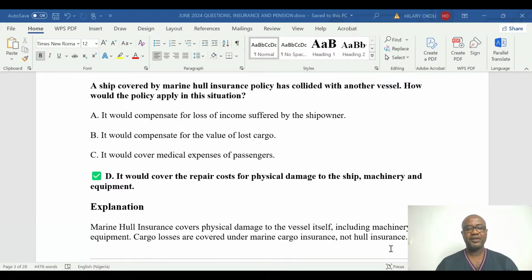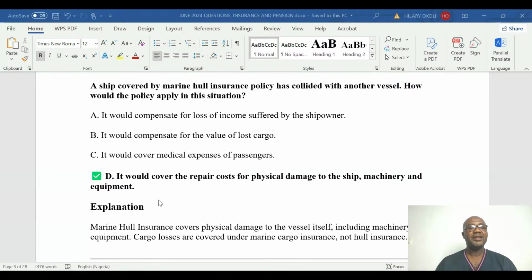How the policy applies is what we are going to consider. Again, the question says a ship covered by the marine hull insurance policy has collided with another vessel. How would the policy apply in this situation?